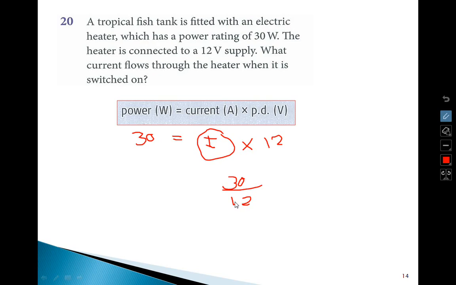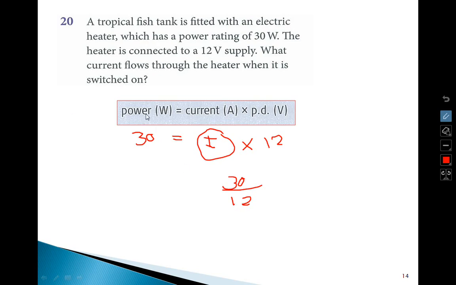Just keep the equations in mind. Try to keep all the equations in mind. Put what you have in the question, substitute the values, and then find the unknown inside that equation.